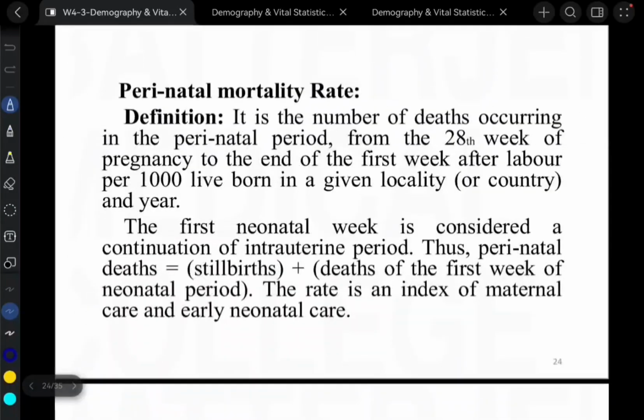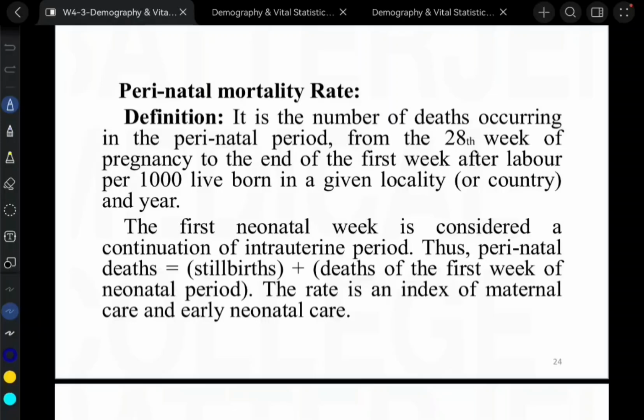I'm sorry. Perinatal mortality rate. Now, what's perinatal? The definition says it is the number of deaths occurring in the perinatal period, between the 28th week of pregnancy and the first week after labor, per 1,000 births in a given locality or country. The first week of neonatal life is considered a part of the perinatal period.